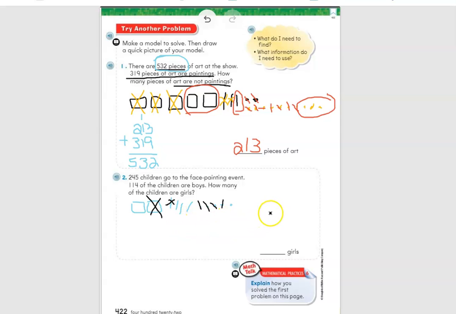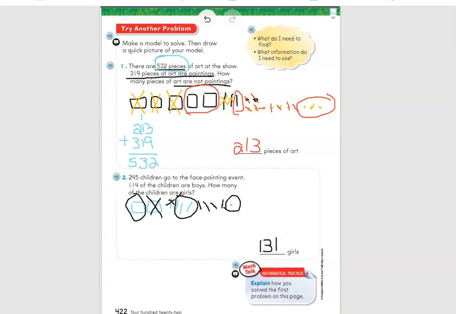Oh, look at this. Did I need to regroup? No, I didn't in this one. I have 1 and I have 3 tens and I have 100. So my answer looks like it's going to be 131 girls. More girls than boys?